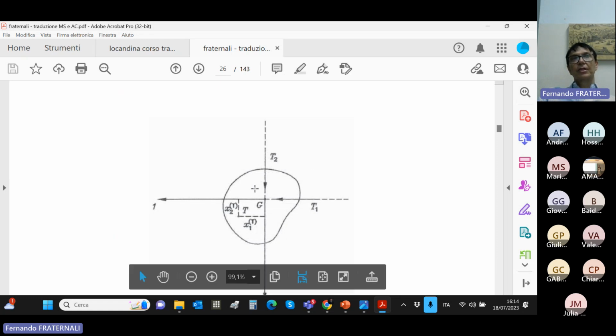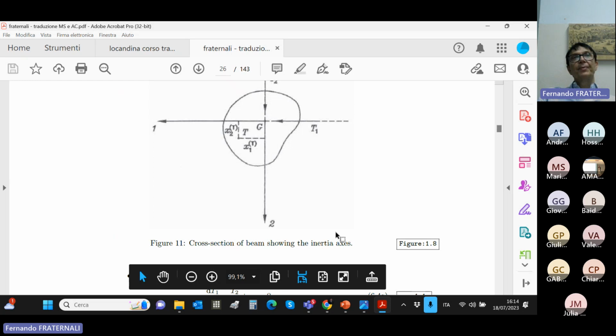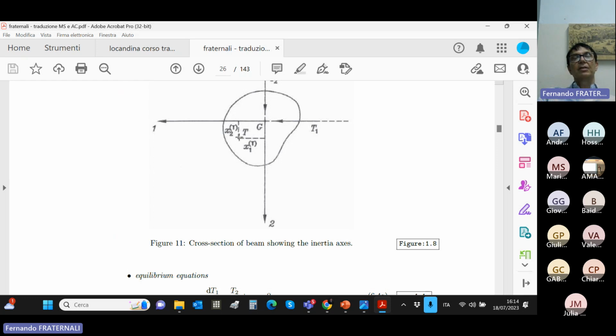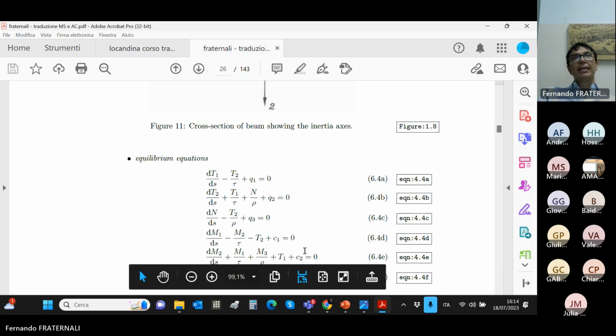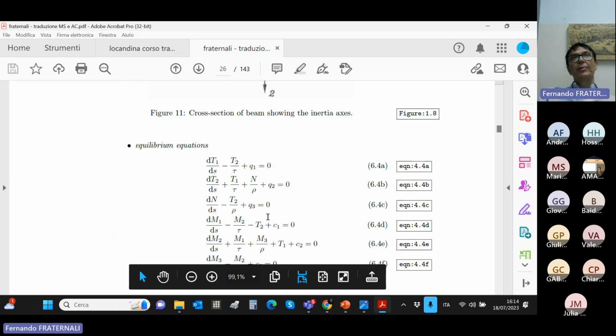So this is just the cross section of the beam with the inertia axis, and we are also showing the shear center T. So the boundary value problem is formed by the equilibrium equations.